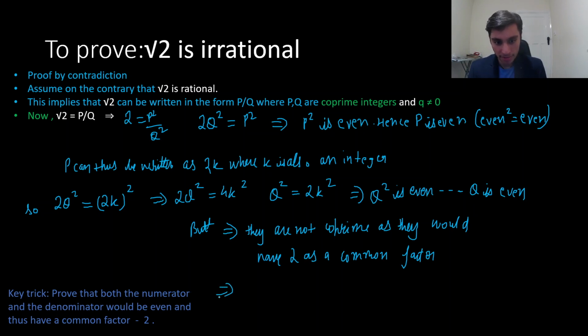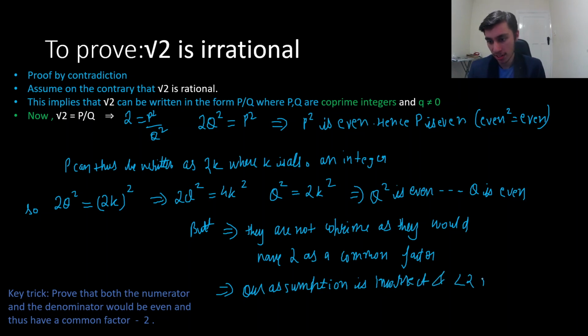And therefore this implies our assumption is incorrect, and root 2 is irrational, and this completes the proof. So we'll just write QED for that. We have demonstrated what we wanted to demonstrate.